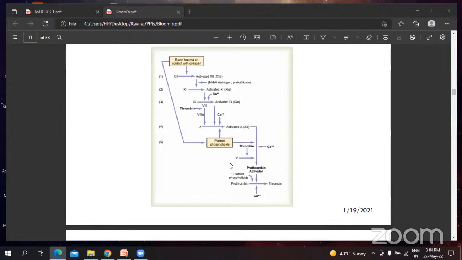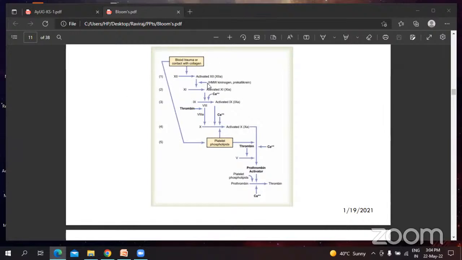Why is this intrinsic pathway, Vidhi? Because this is the process of formation inside. No, but the clue here is that there is a trauma to the blood. Have we said that there is a trauma to tissue? No. From where has that process begun?